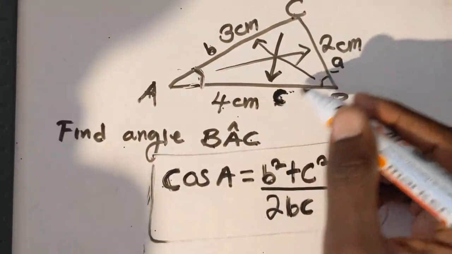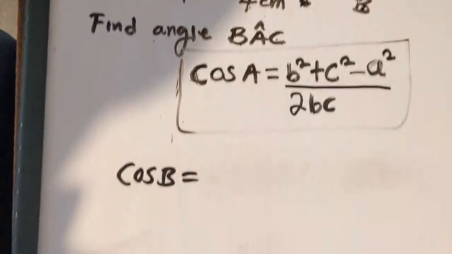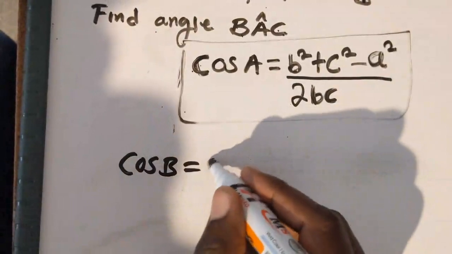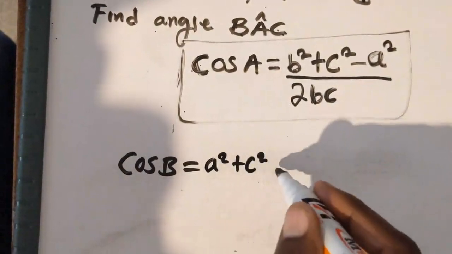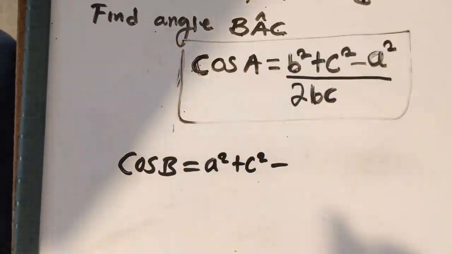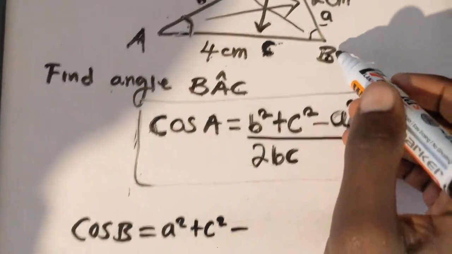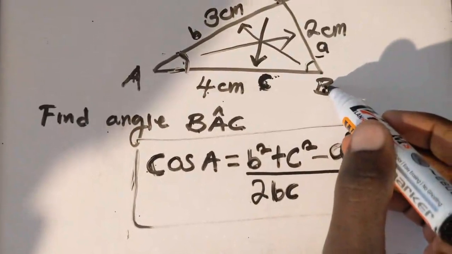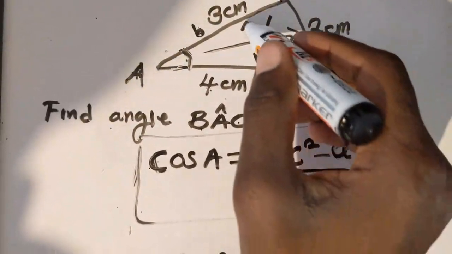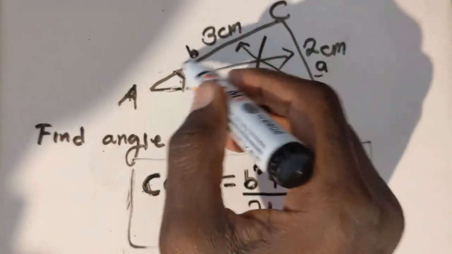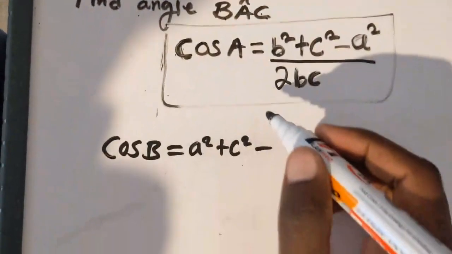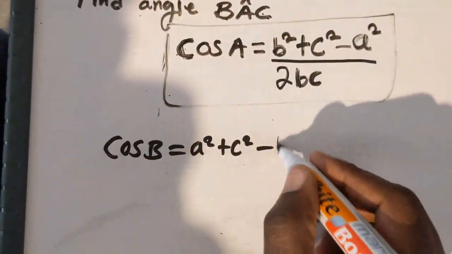So there is a and c. So we are going to say a squared plus c squared minus the side that is opposite to angle B. So the side that is opposite to angle B is this small letter b.